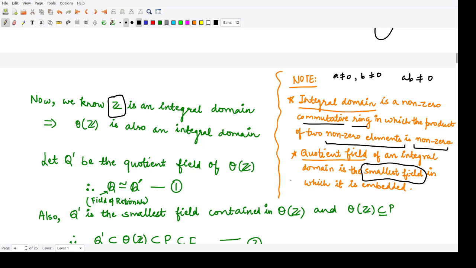From here we can say that if Q' represents the quotient field of the integral domain θ(Z), because Z was proven to be isomorphic to θ(Z) being an embedding, therefore this field of rationals is isomorphic to Q'. Q' represents the quotient field of θ(Z), so that means this Q_Z would be isomorphic to the field of rationals, right?